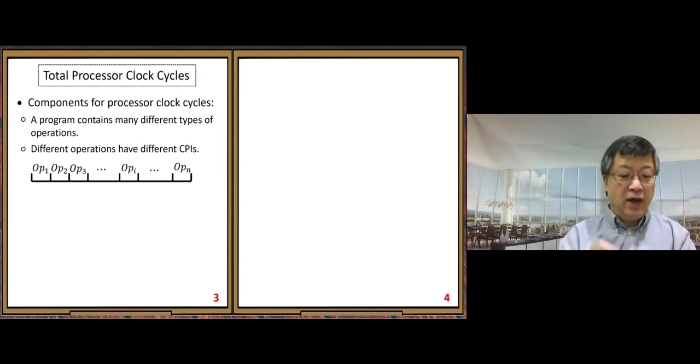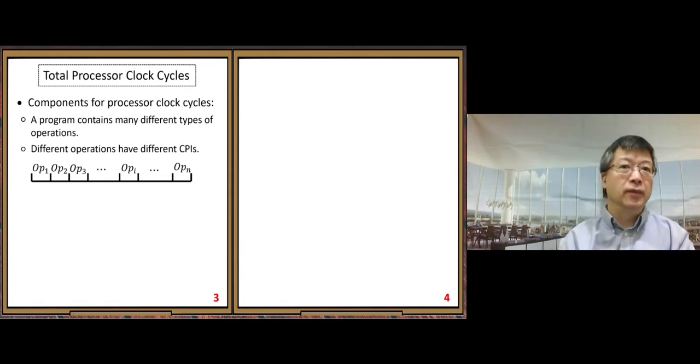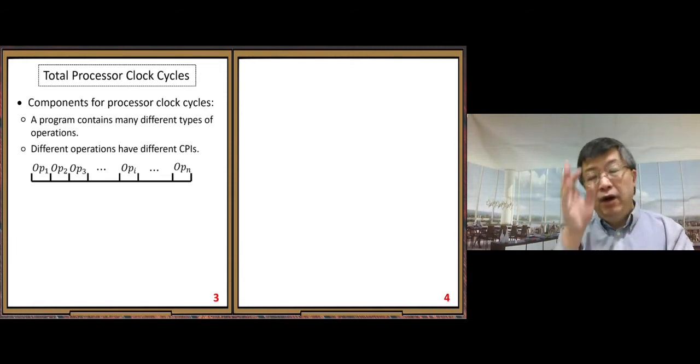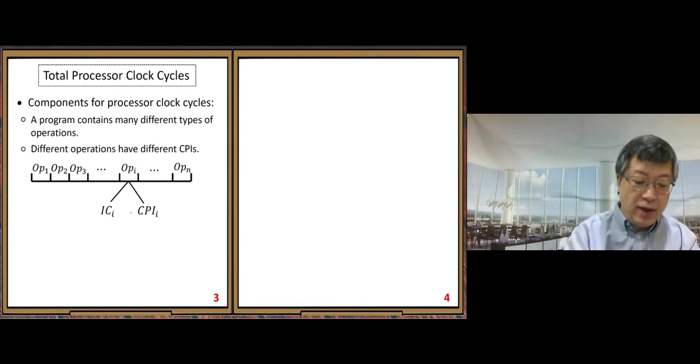So here, op1, op2 through op_n. Then for each operation, you have the instruction count that corresponds to that particular operation, and also you have the CPI that corresponds to that particular operation. So you have that. Okay.